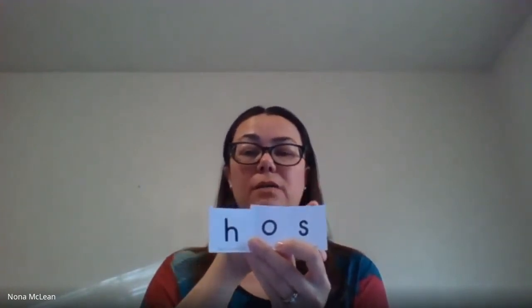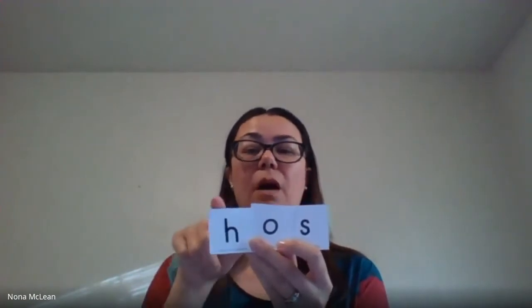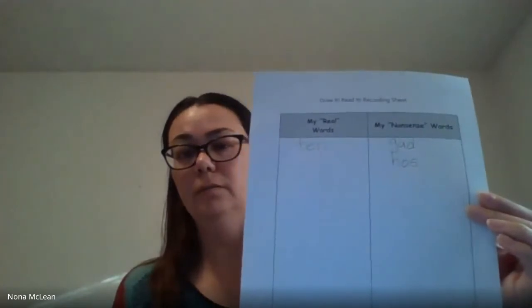H, O, S. Hoss, hoss. Real word or nonsense? Nonsense word. It doesn't make sense. So next I will write that in my nonsense words column. Hoss. I'm going to put that off to the side.